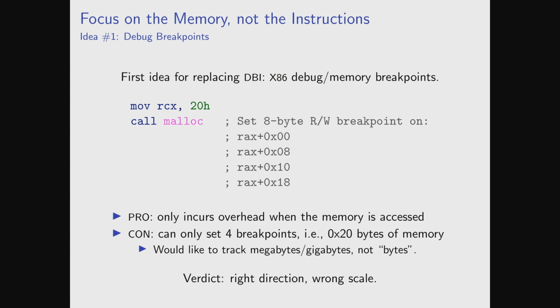With the breakpoint approach, we can just specify, here are the memory locations that we're interested in, and then the processor effectively gives us callbacks in the form of debug exceptions telling us when that memory is accessed. So I wanted a solution with that kind of feature, where I didn't have to instrument everything. I could just specify what it was that I wanted to track. But fundamentally, x86 hardware breakpoints can't do the job for us because we simply don't have enough of them on an architectural level.